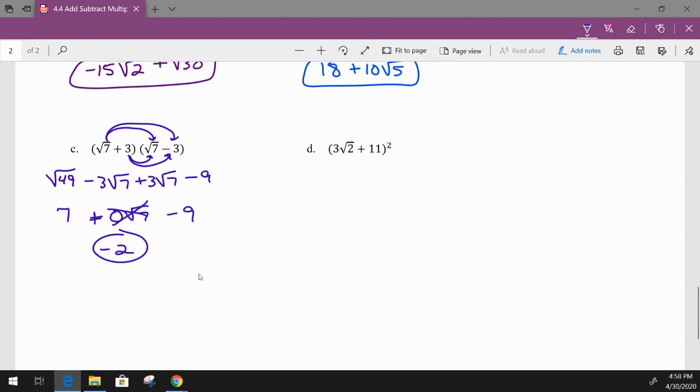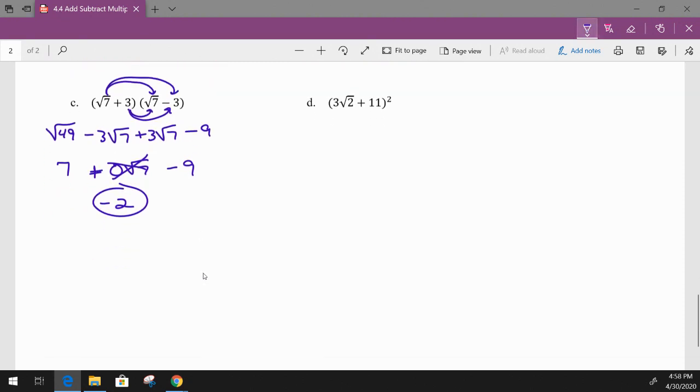All right, so in the last unit, we used the product rule that said a plus b times a minus b would equal a squared minus b squared, which basically means you take the first term in each binomial and square it minus the second term in each binomial squared. So if I look at what I originally had, I had square root of 7.